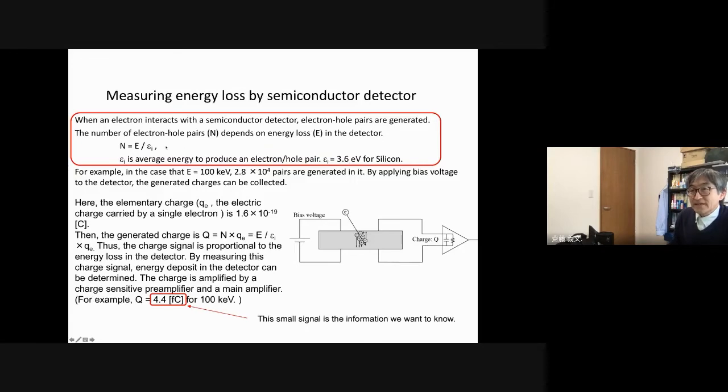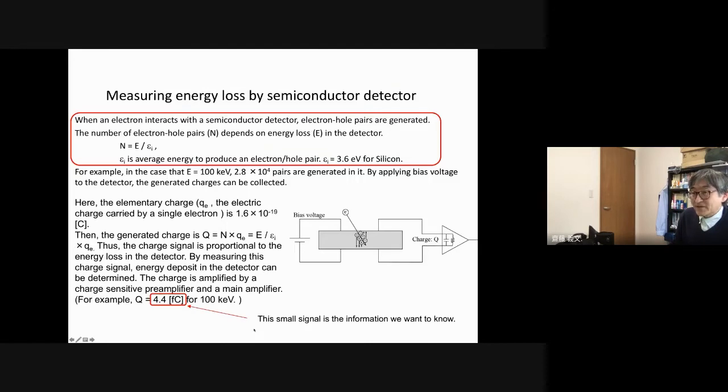And when the incident electron energy is 100 keV, and this electron stopped inside this SSD, the generated electron-hole pairs number 2.8 times 10 to the 4th pairs. Applying bias voltage here and here, we can measure the generated electron-hole pairs. And because the unit charge is 1.6 times 10 to the minus 19 coulomb, the 2.8 times 10 to the 4 pairs corresponds to 4.4 femtocoulomb.